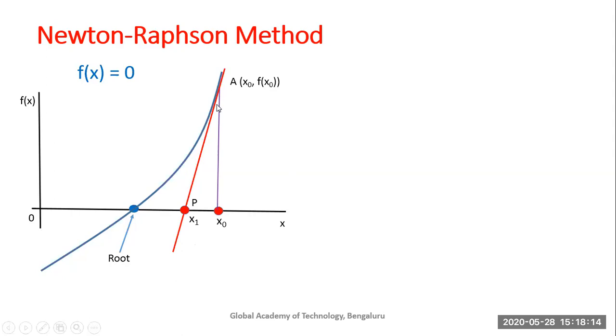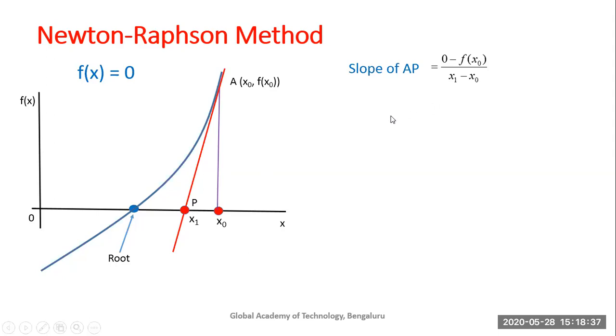For that, let me calculate the slope of AP. The coordinates of A are x0 and f(x0), and the coordinates of P will be x1 and 0. The y coordinate is 0. So the slope becomes y2 minus y1, that is 0 minus f(x0), divided by the difference of x coordinates, x1 minus x0.